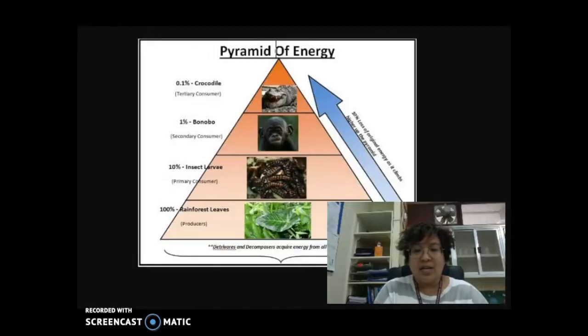You might have seen this before. We represented it with a pyramid, so the triangle. The levels become smaller and smaller as you go up each trophic level, from producers to your primary consumer, secondary consumer, tertiary consumer. Now this is a more accurate representation of your pyramids of energy.